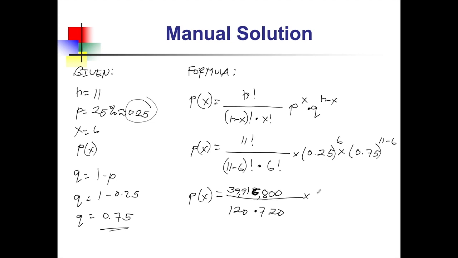Let's multiply this directly with 0.75 raised to 11 minus 6. This is 5, so raised to 5. This is in scientific notation. But you can actually input this part directly on the calculator.